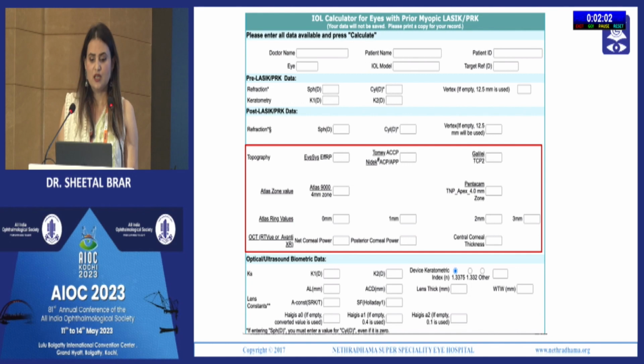You can enter all the data, like the refraction and keratometry. If you have topography, it also caters to a lot of topography systems, such as the ISIS, the TOMEY, the Galilei, Atlas, Pentacam, even the RTVue. Whatever equipment you have, you can measure the corneal power and enter the values here.